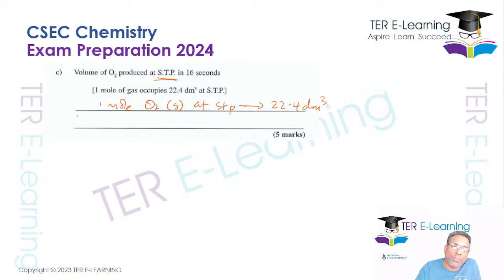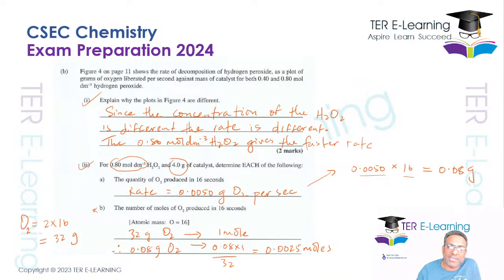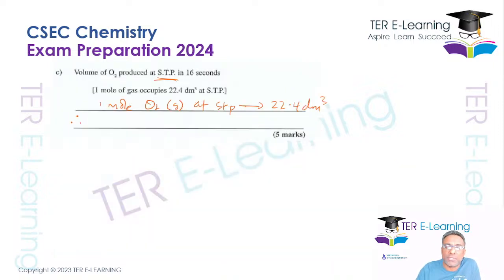And what we want to work out here is from the previous part. So pay attention to some of these questions. Normally the calculations follow each other. So you worked out 0.0025 moles of O2 at STP.